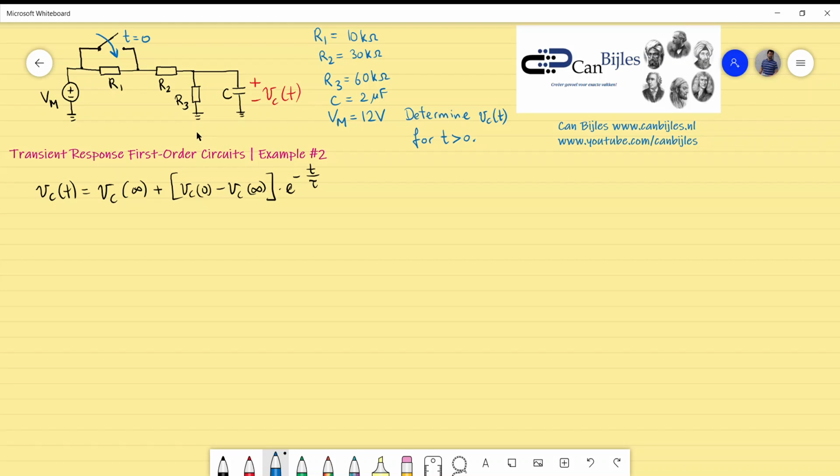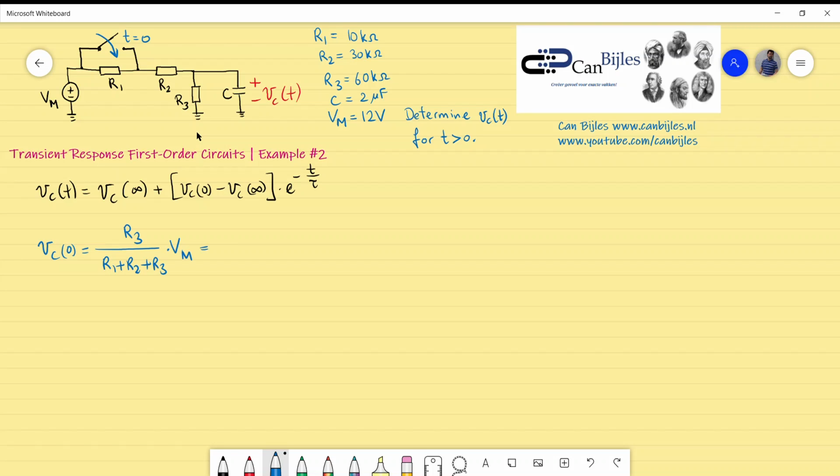That can be calculated using the voltage divider rule. That's pretty straightforward. So VC at 0, that's the initial value, is R3 divided by R1 plus R2 plus R3, and then times the VM, that is also given.